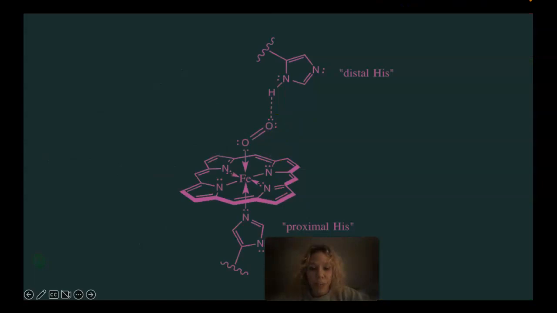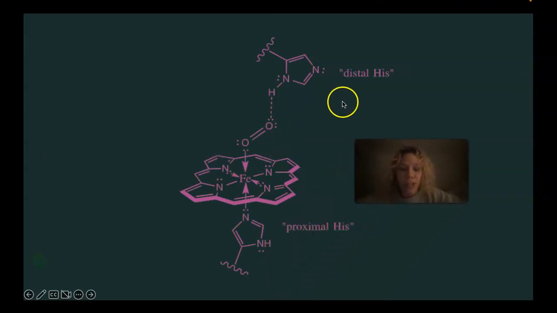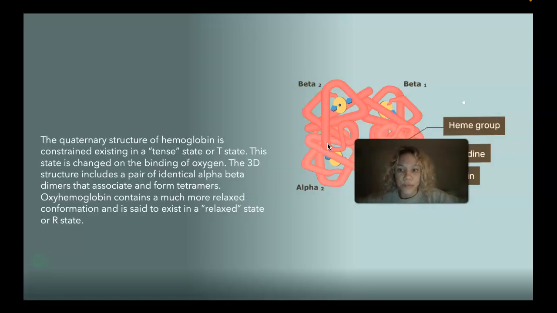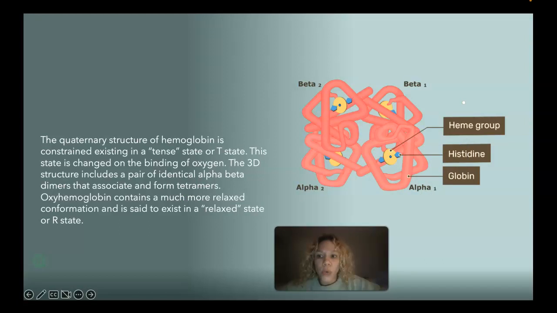All right, so I did want to put this image here so that you do see that the iron is attached to the proximal histidine and not the distal histidine as depicted in this image. Okay, so the quaternary structure of hemoglobin is constrained, existing in a tense state or T state.